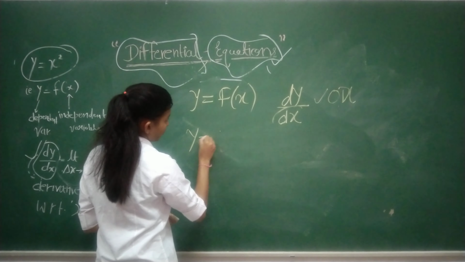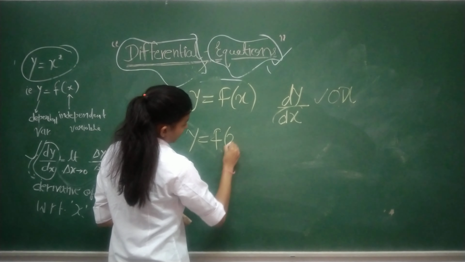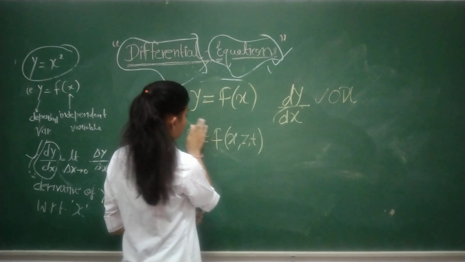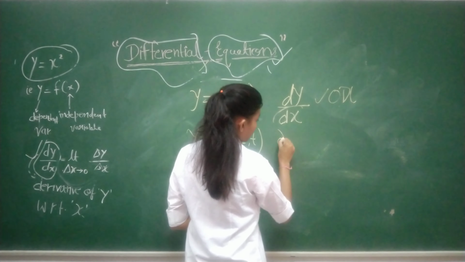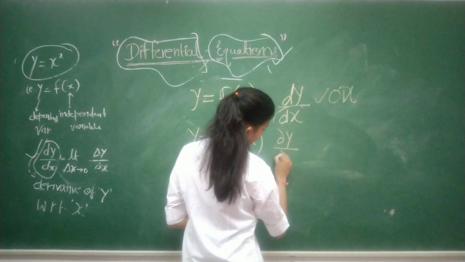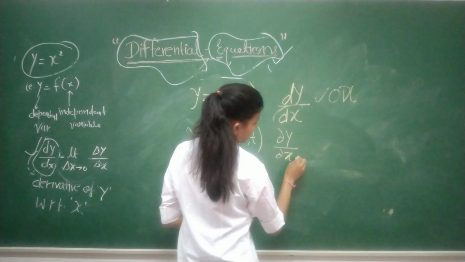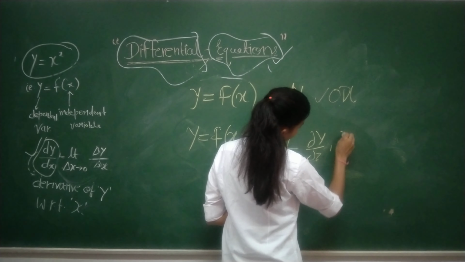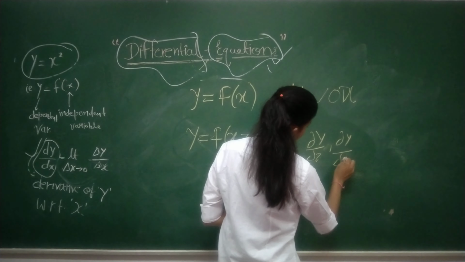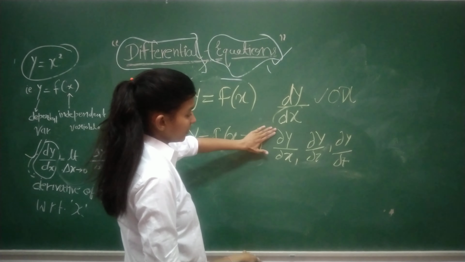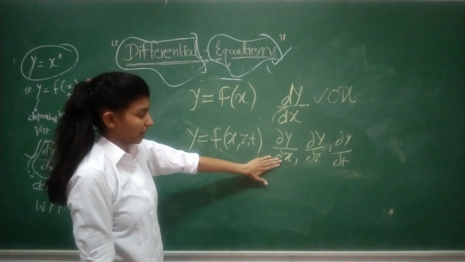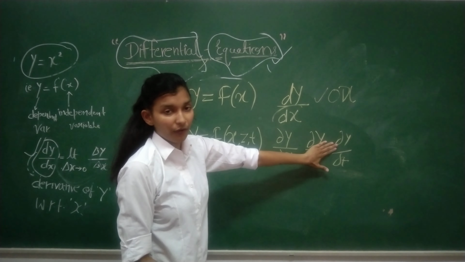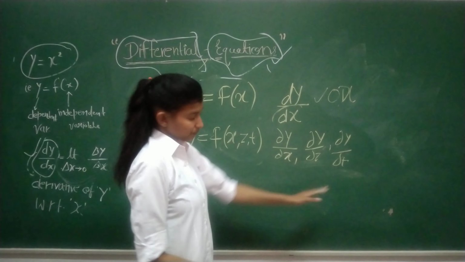And if we have more than one independent variable, then we get partial derivatives like del y by del x, del y by del z, del y by del t: the rate of change of y with respect to x, with respect to z, and with respect to t.